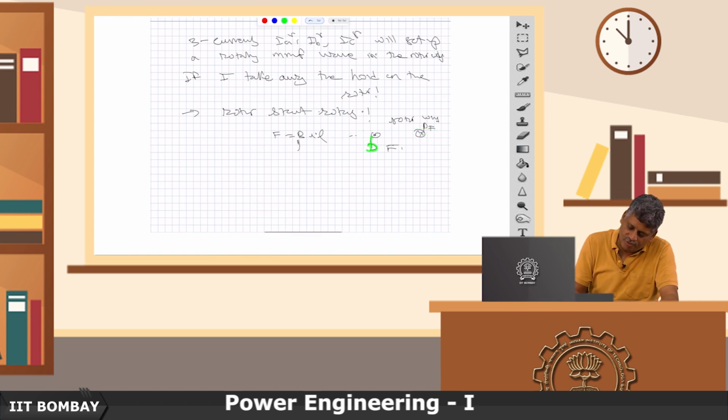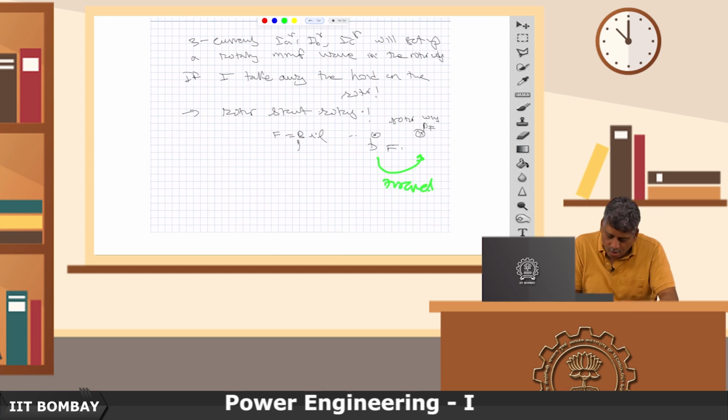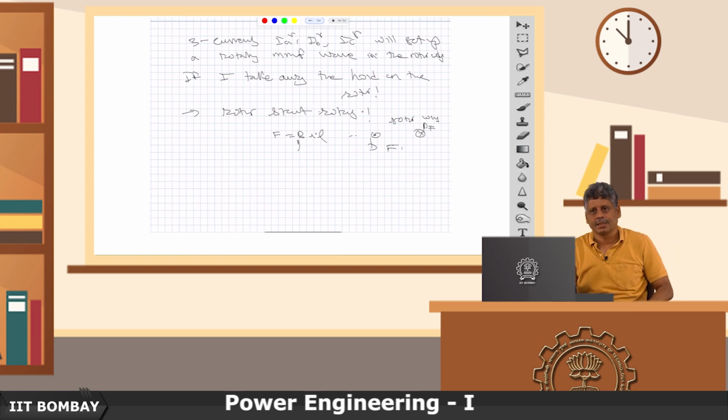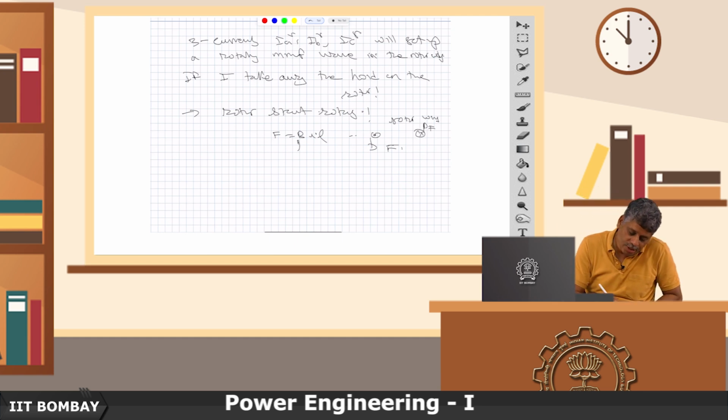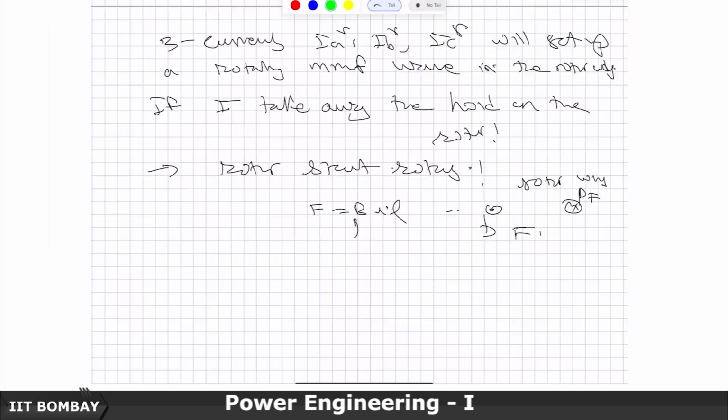So, therefore, the force will be in opposite directions, and therefore, it will create a rotational torque, and this rotational torque will try to reduce the rate of change of flux seen. So, the rotor will start spinning in the direction of the rotating MMF wave which is created by the stator.